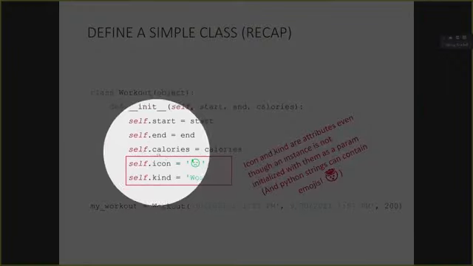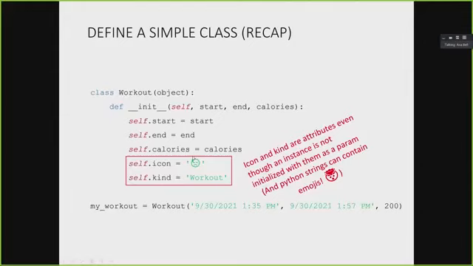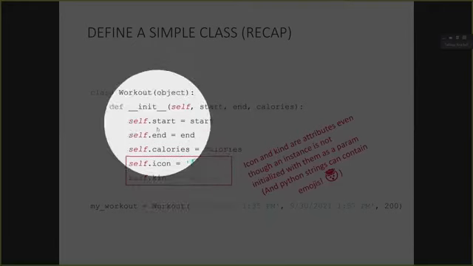The icon is going to be the string, this sweating person emoji, right? And you can have emojis inside strings, which is actually pretty cool. And the kind is going to be just the kind of workout. So we're just going to set it to be the string workout. When we create running workouts, it'll just be the string running. When we create biking workouts, it'll be a string biking, right? Whatever you want it to be. And we're going to see where these show up later on. Okay, so that's the definition of my class workout.